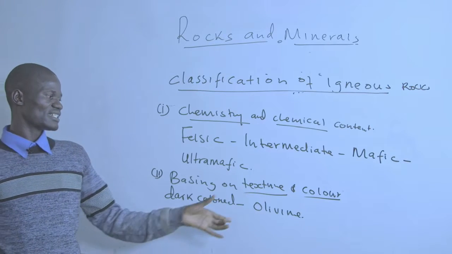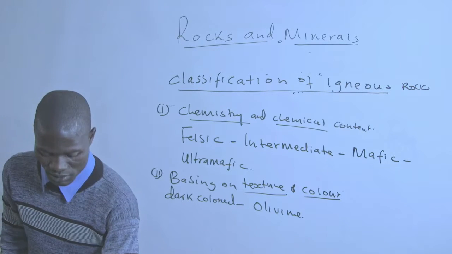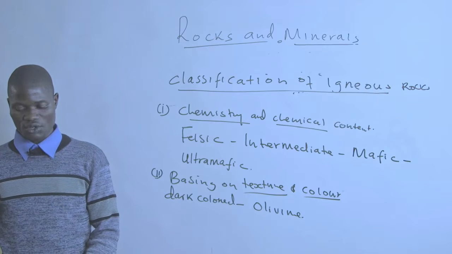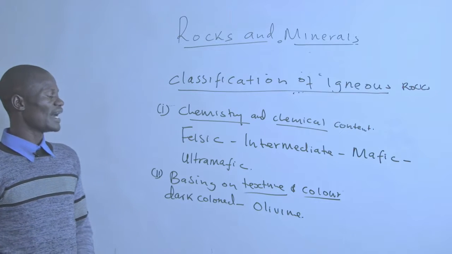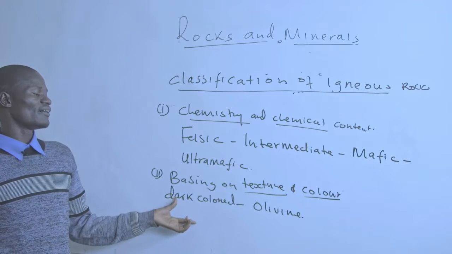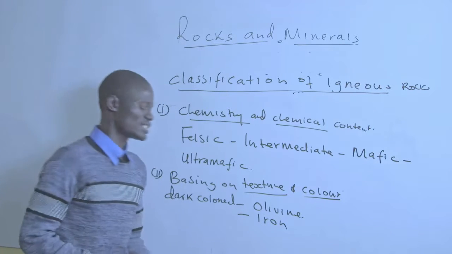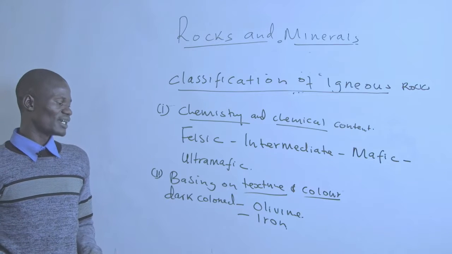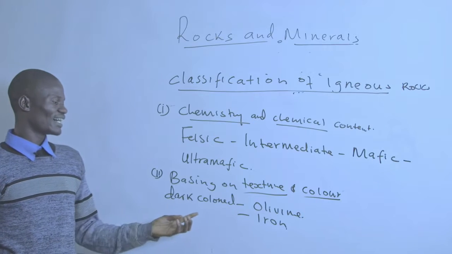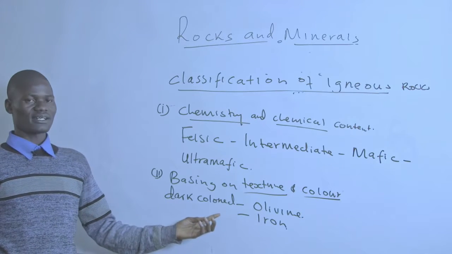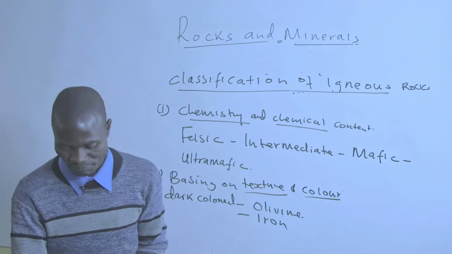Rocks with a high content of minerals such as olivine contain heavier elements, such as iron. And mark you, iron is also black or brown in color, attributing to the dark colored characteristic of the rock when we base on its texture.